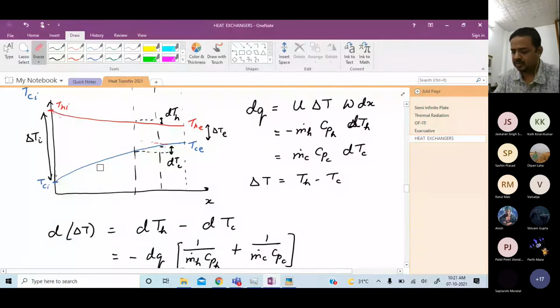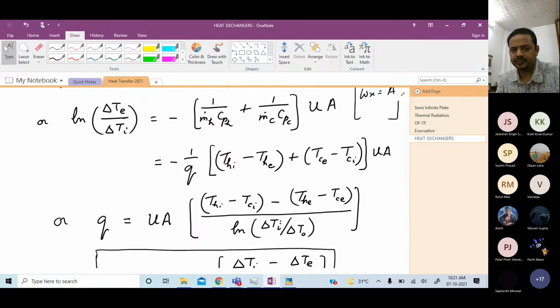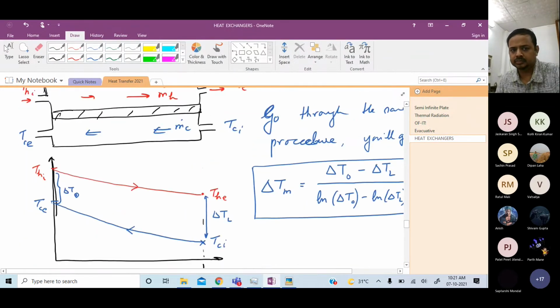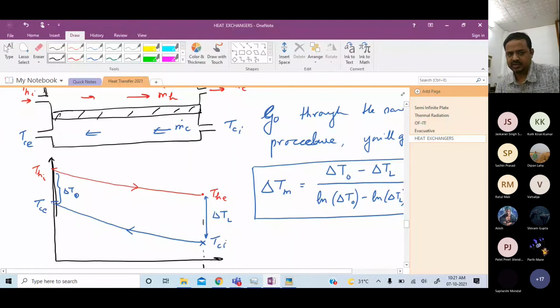Of course, in parallel flow, it's never possible. Even in counter flow, it cannot be possible. The hot fluid exit can never be below the inlet of the cold fluid. Right? It can be below the outlet of the cold fluid, by the way.